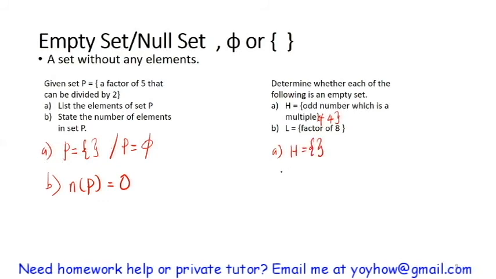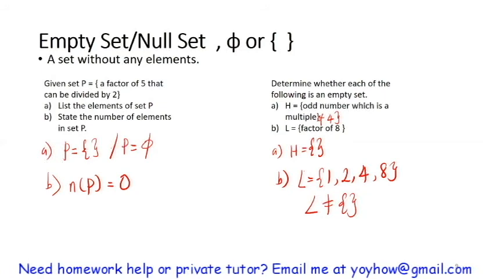Then we look at B, L equals factors of 4. Just now we already got 1, 2, 4. So L equals {1, 2, 4}. The number of elements we don't need to write, but if you want to count, there are 3 elements. So L is not an empty set.